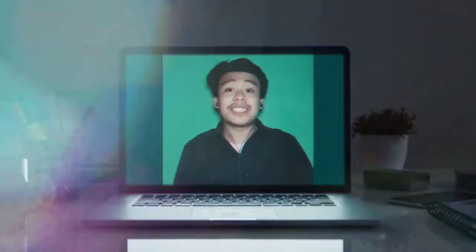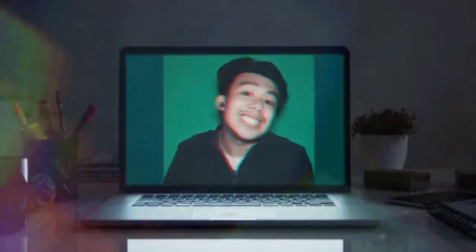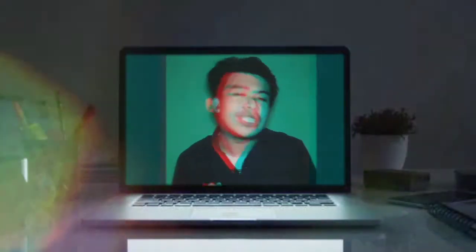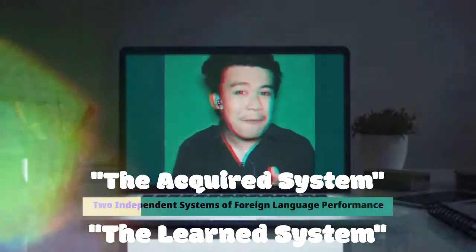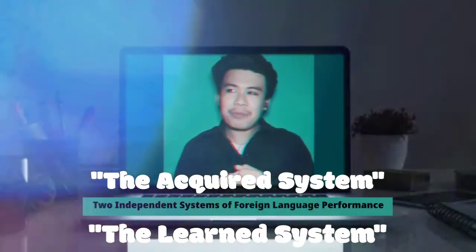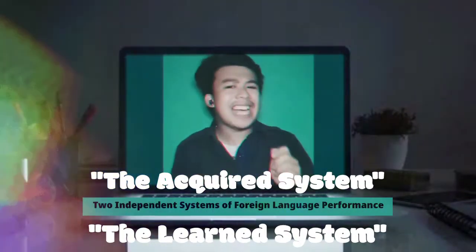According to Krashen, there are 2 independent systems of foreign language performance, and these are the acquired system and the learned system. Well, what is the acquired system?